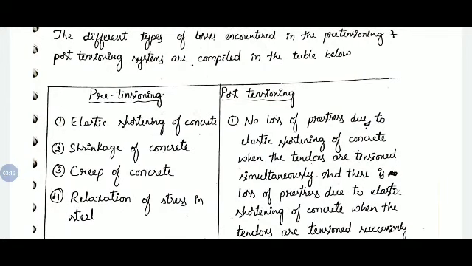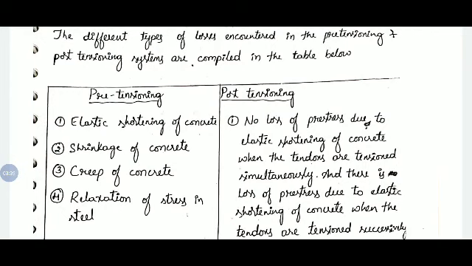But in case of post-tensioning, first we are going to cast the concrete by providing a duct for the provision of tendons, and later we are going to apply the pre-stressing force.